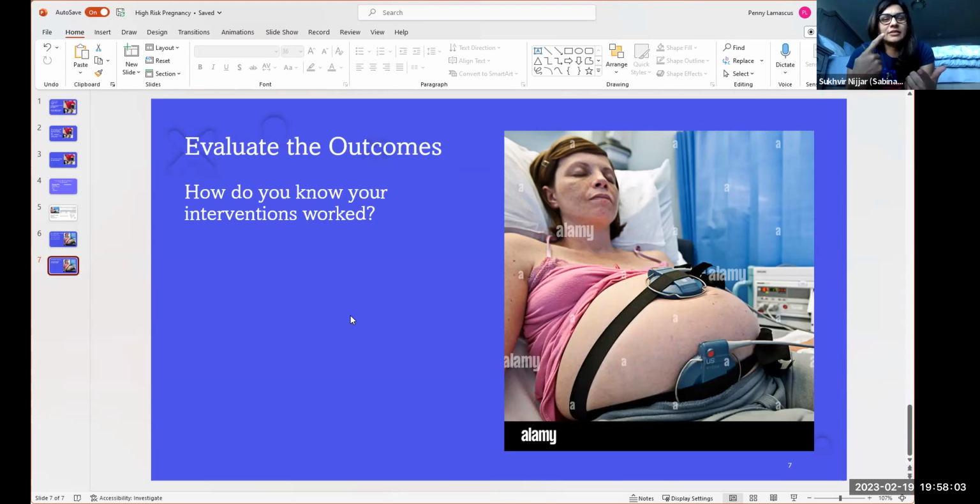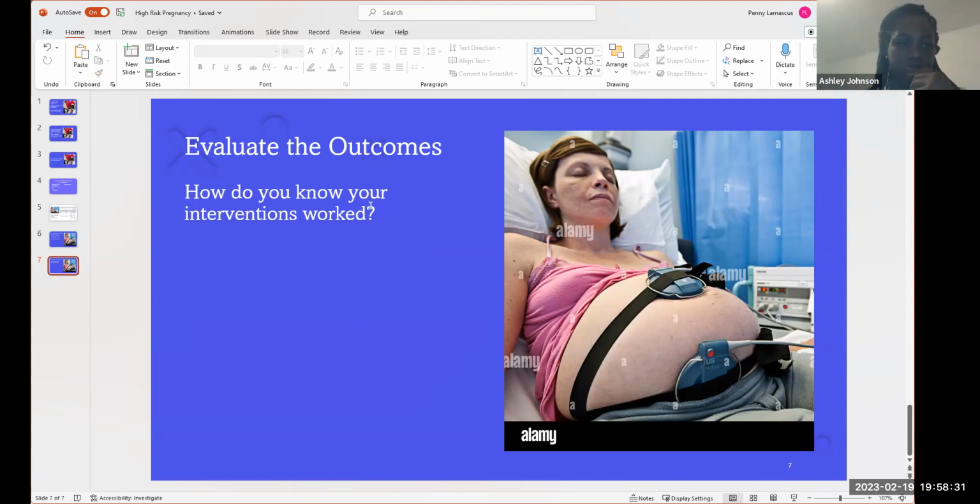Diuresis and peripheral edema. Okay, so diuresis is urinating a lot. So she might be urinating 3 liters a day. Okay, what else do we want to see besides lots of urination? Sweating. Sweating, diaphoresis. Okay, so diaphoresis and diuresis.